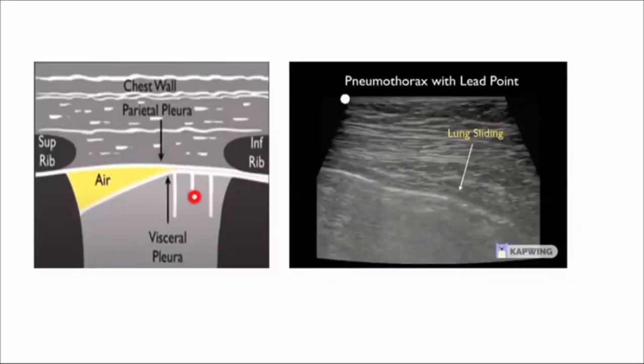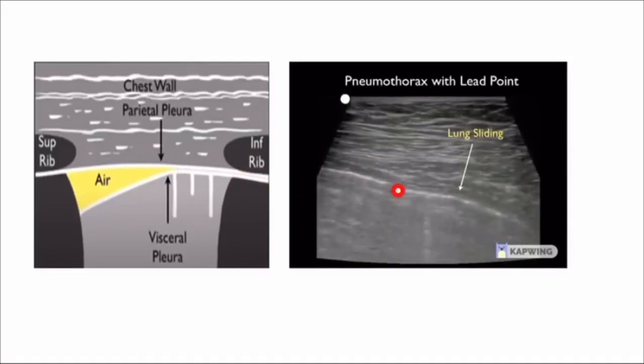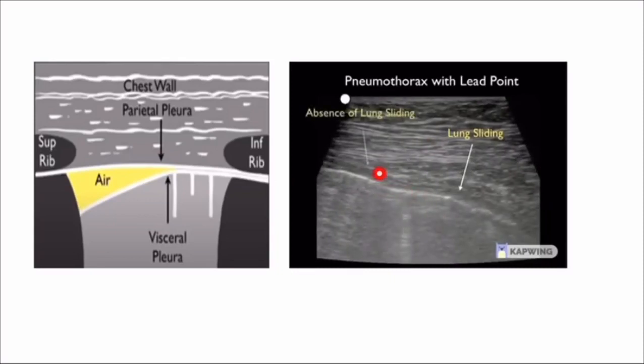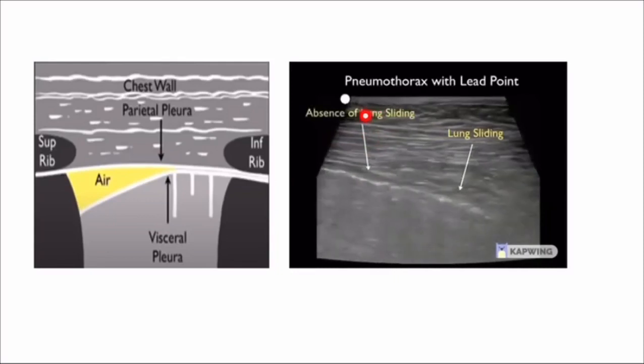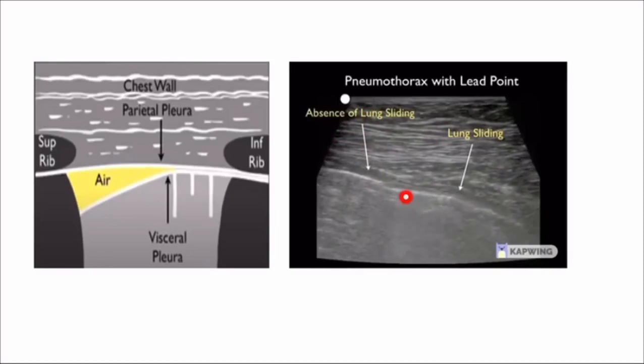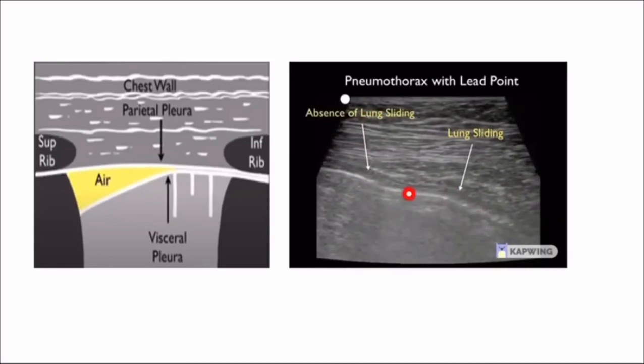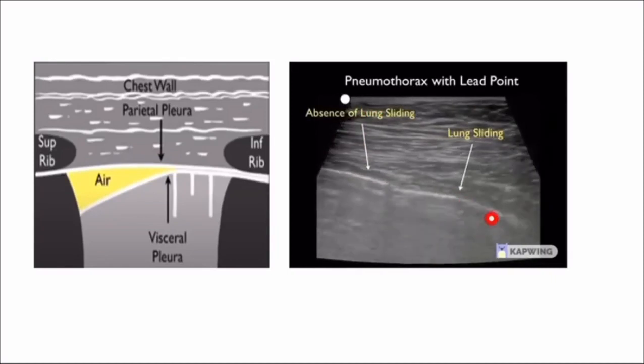There are cases in which the pneumothorax is only on one side or may be loculated, in which there is an intervening normal parietal and visceral pleura. So in this case, there is what we term as an absence of lung sliding on the abnormal side, and this is the normal side in which there is presence of lung sliding.